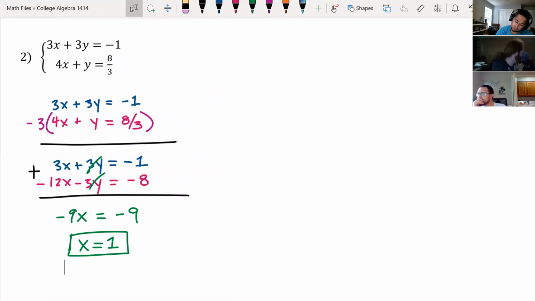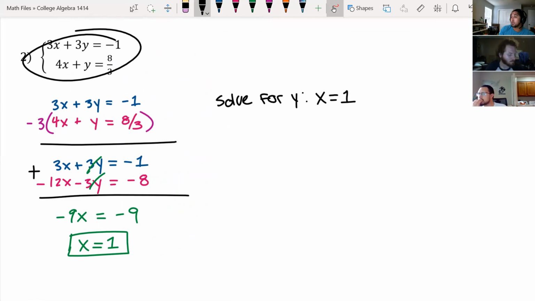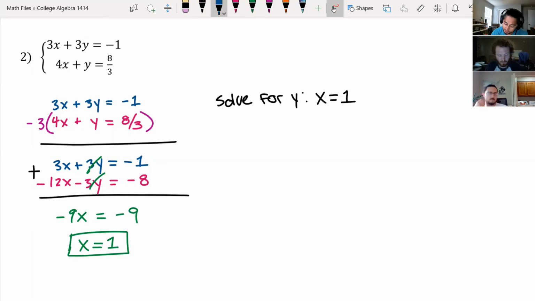Okay. And now, since we have x, all we have to do is solve for y when x is 1. And again, you can plug it into any of these equations and you'll get the same answer. Well, you're probably saying that the first one looks better. So we'll use that. So you get 3 times 1 plus 3y equal to -1.